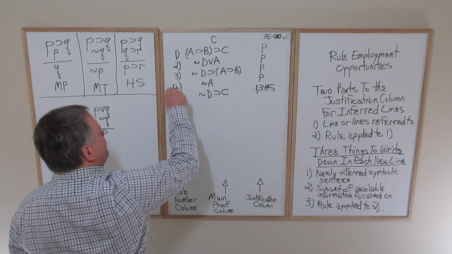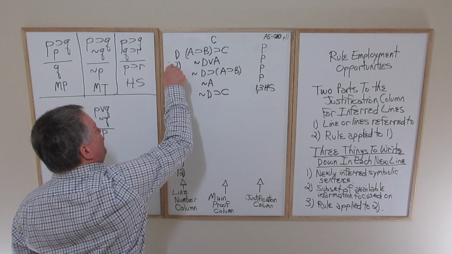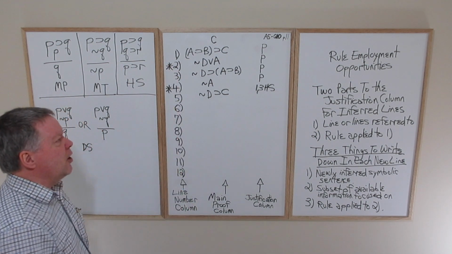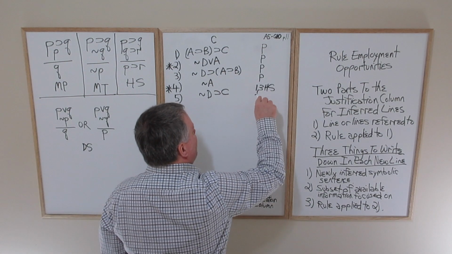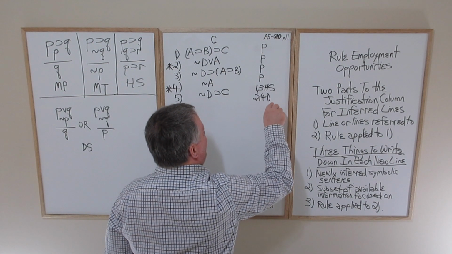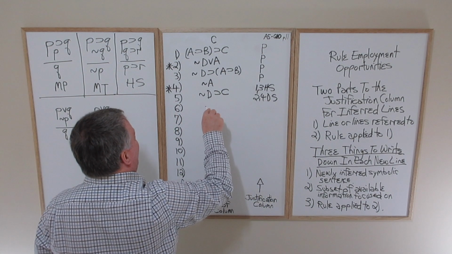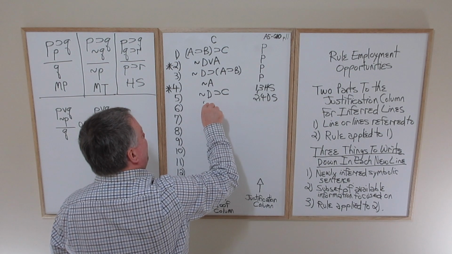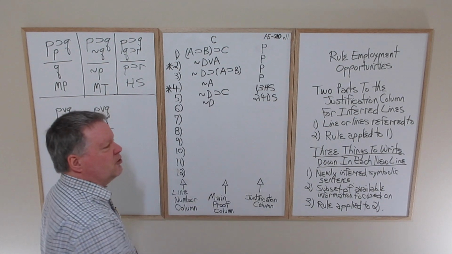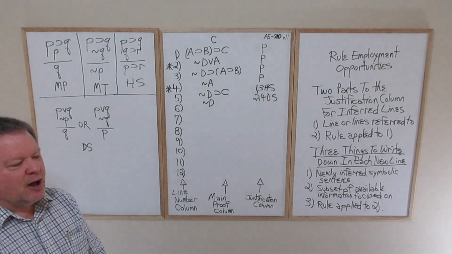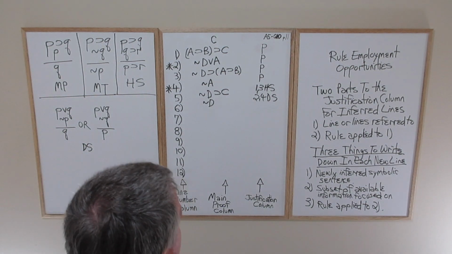Here, this is the one we started off the proof with, 2, 4 disjunctive syllogism. That'll give us tilde D, as we saw, the left disjunct.